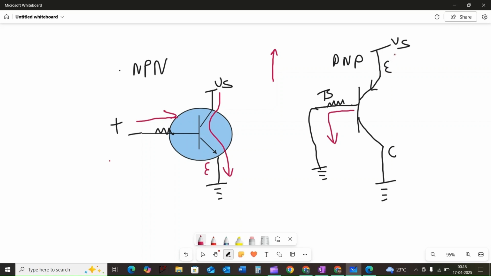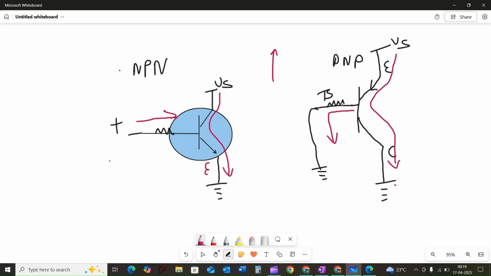The emitter current flows in the direction of the emitter arrow. The collector current flows away from the transistor, and the base current also flows away from the transistor. Thus, NPN and PNP transistors are opposite in terms of current flow direction at their terminals.